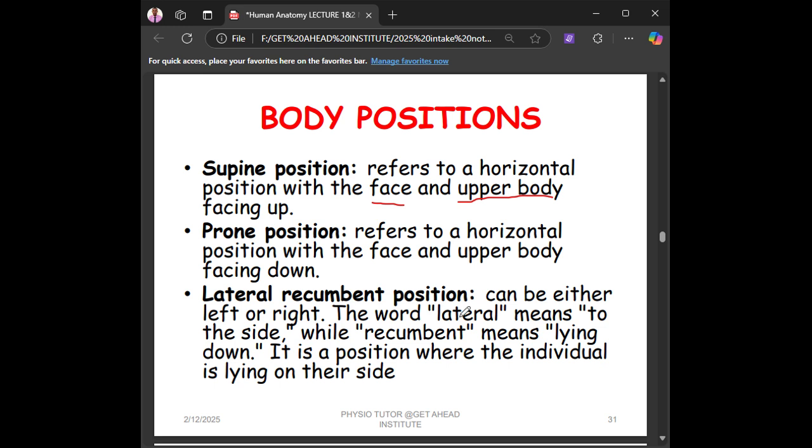The word lateral simply means to the side, and recumbent simply means lying down. So in this position the individual is lying on their side, and most people, even when sleeping, sleep in the lateral recumbent position.